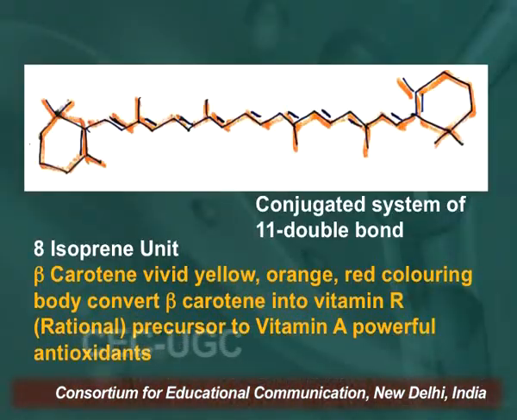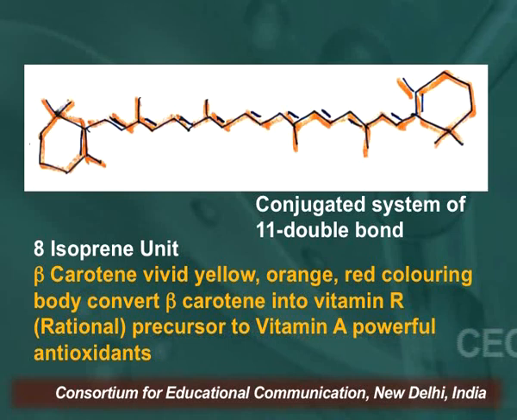Learners, this is the structure of carotene. It is a conjugated system having 11 double bonds, and this carotenoid, which is a tetraterpene, contains 8 isoprene units.